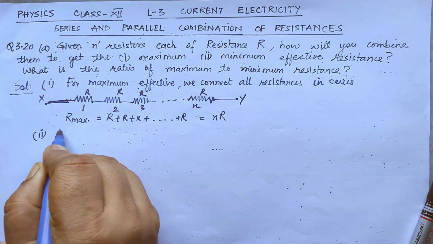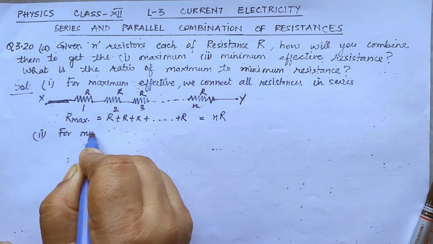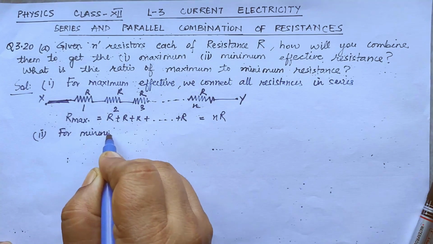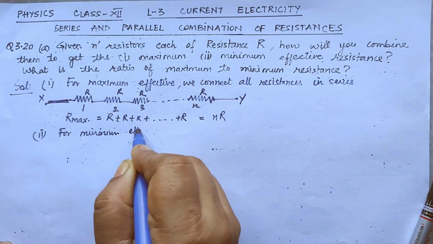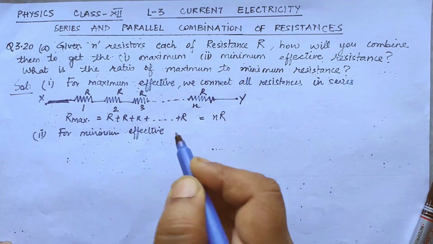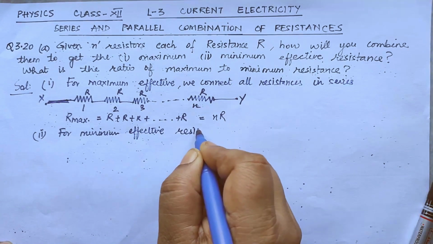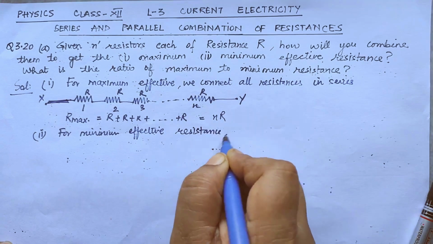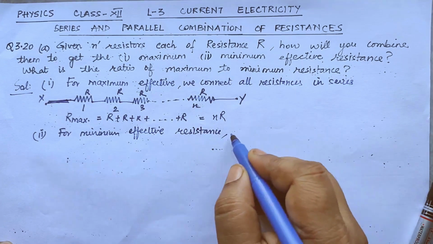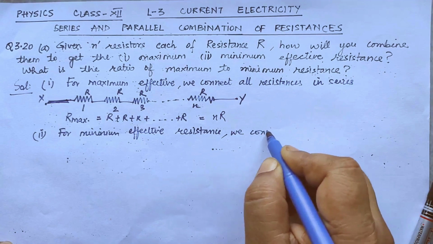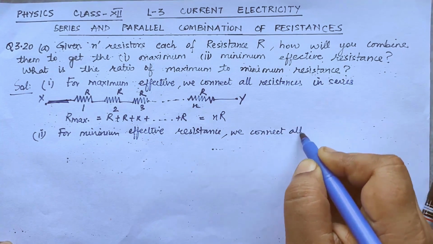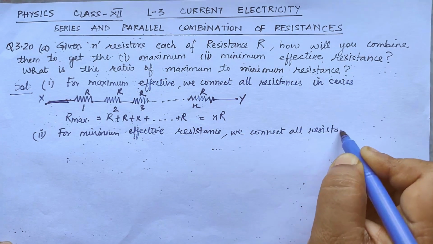Second part of the question, minimum effective resistance. So for minimum effective resistance, we connect all resistances in parallel.